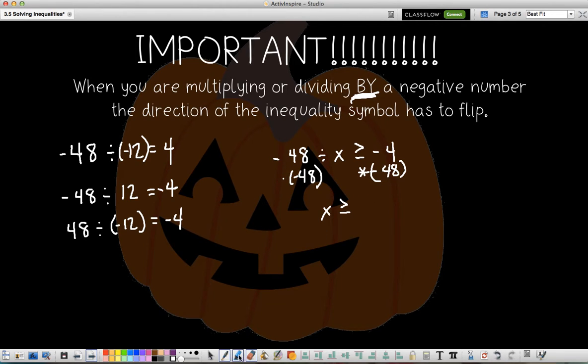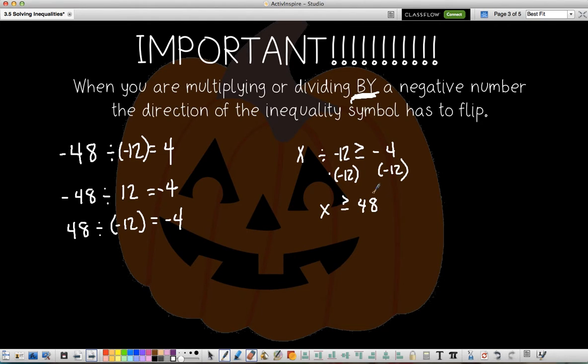And actually, we did this incorrectly because we put the variable in the wrong spot. So instead of going through this all incorrectly, we'll fix it and make it a -12. There we go. And we're going to multiply both sides by -12. And I have x is, let's leave the symbol the way it is, greater than or equal to 48.